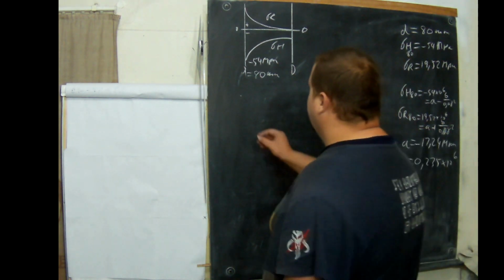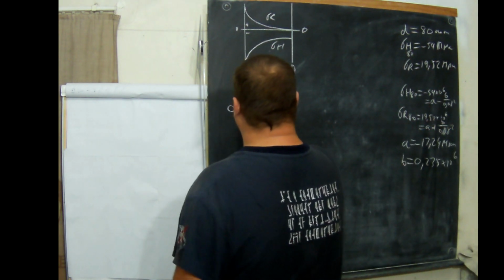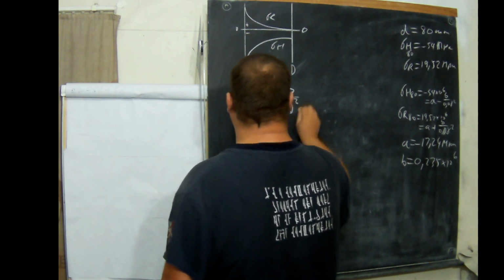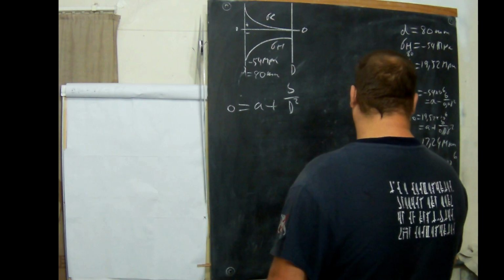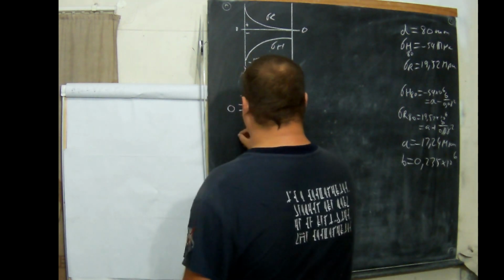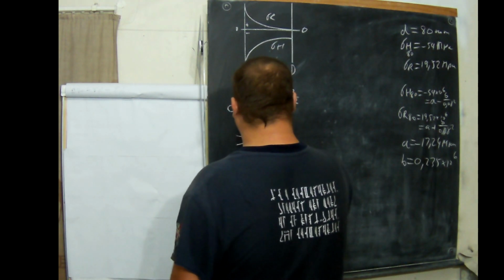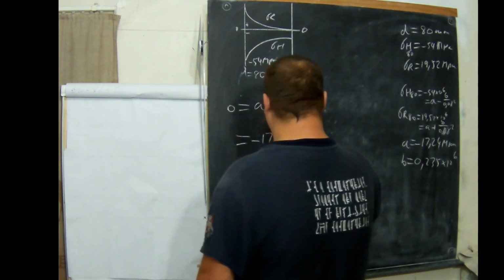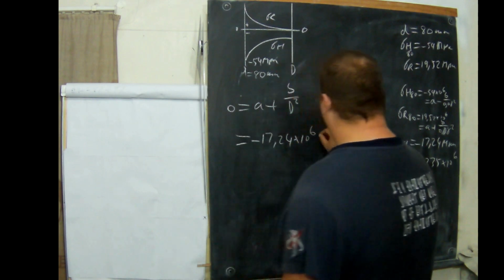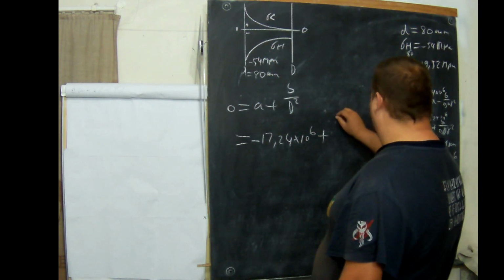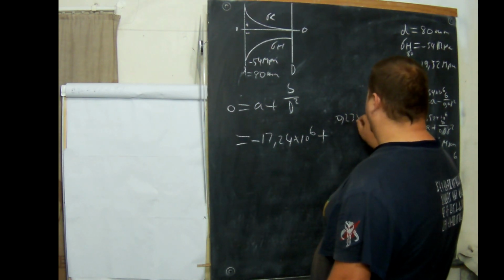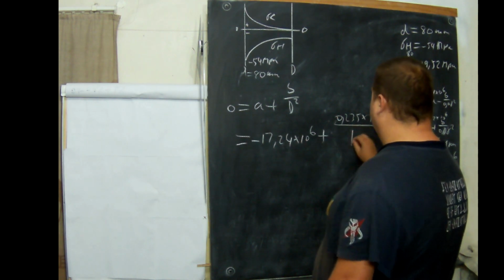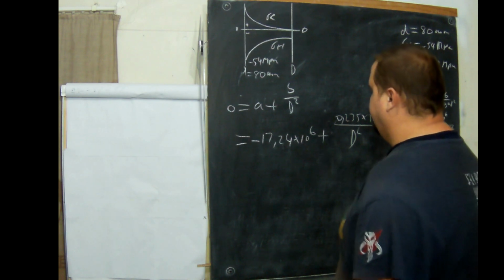So this will be 0 equals A plus B over D squared. Right, so we have minus 17,24 times 10 to the 6 plus 0,235 times 10 to the 6 all over D squared.